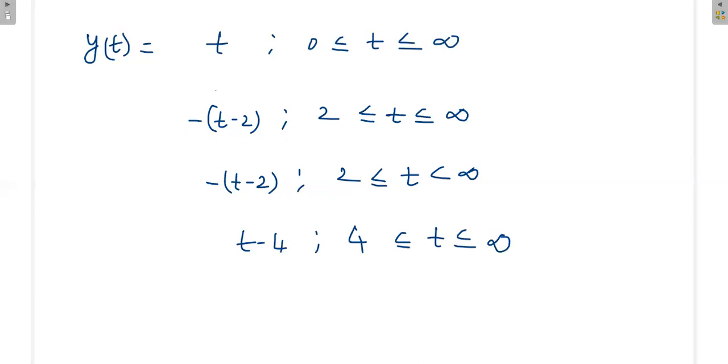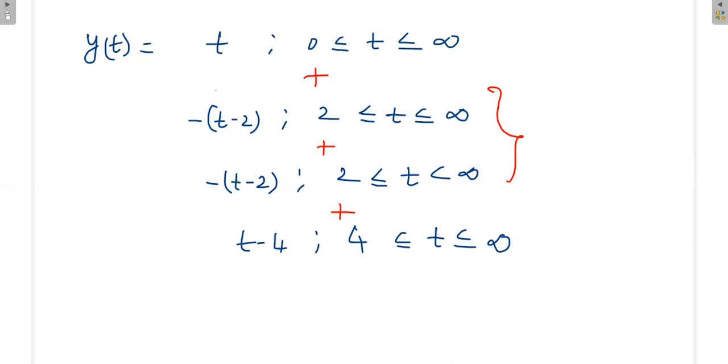Now all these answers we have to add within their limits. The second and the third we can merge, because both the expressions and the limits look the same.